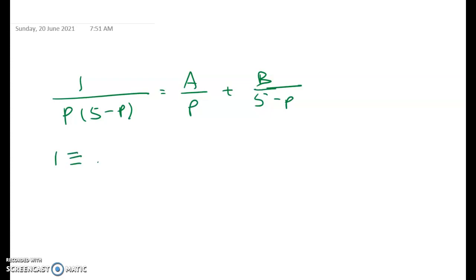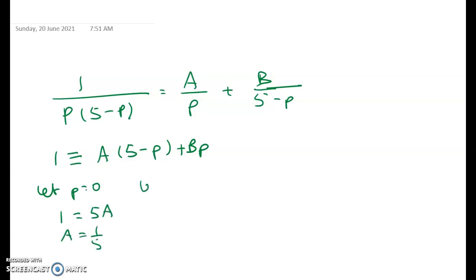Doing my usual partial fractions work gives me this. I'm going to let P equal 0, and that gives me 1 is equal to 5A. A is 1/5. And then when we let P equal 5, we get 1 is equal to 0 plus 5B. So B is also 1/5.